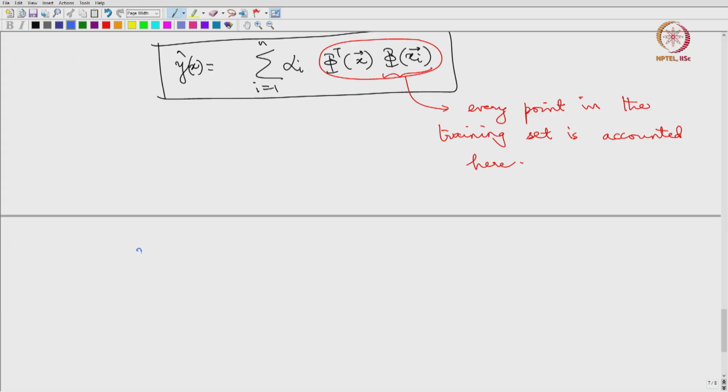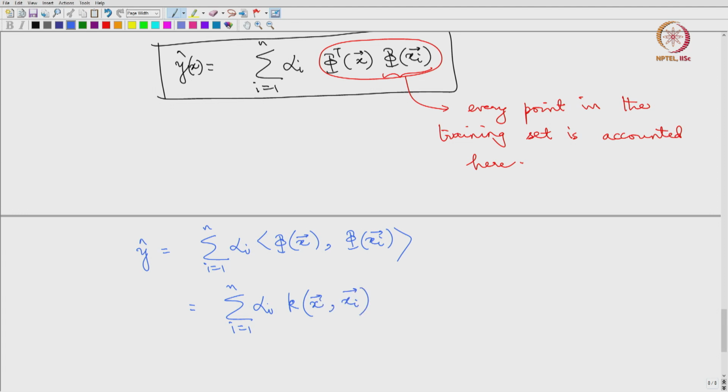So, your y hat becomes sum i going from 1 to n alpha_i times the inner product of capital phi of x comma capital phi of x_i, and this more generally can be written in terms of a nonlinear kernel function. So, sum i going from 1 to n alpha_i times a kernel function k that works on x and x_i, right.